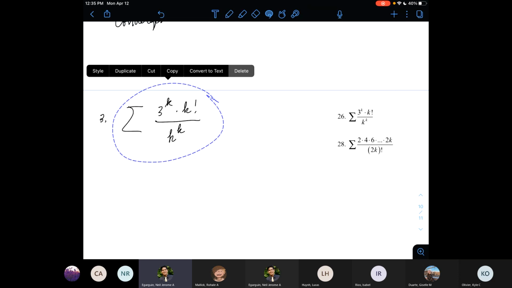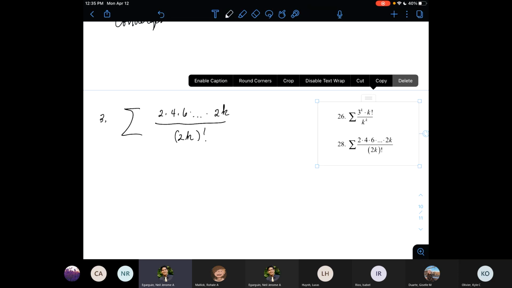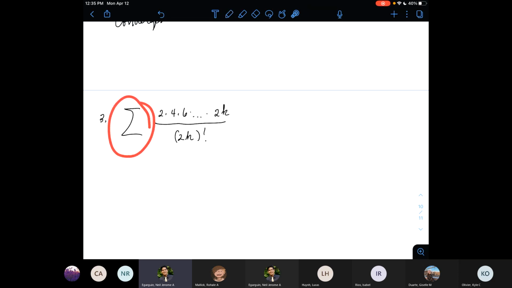Let me try problem 28 instead, because this is a bit more tricky. So you have 2 times 4 times 6 until 2k all over 2k factorial. Usually you don't see an index of summation here.